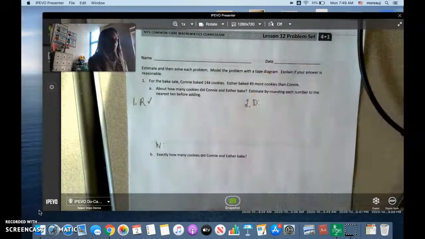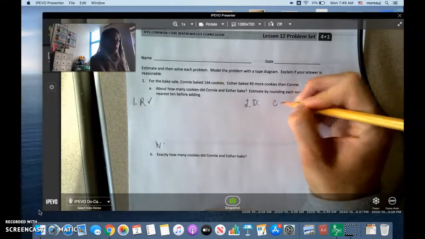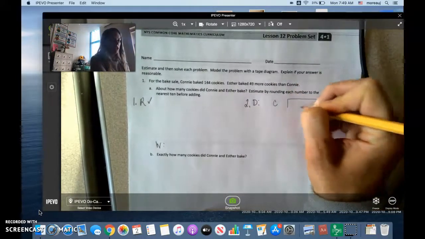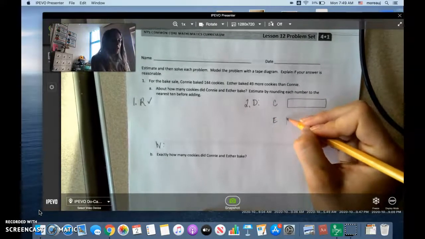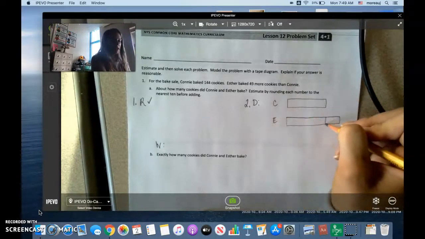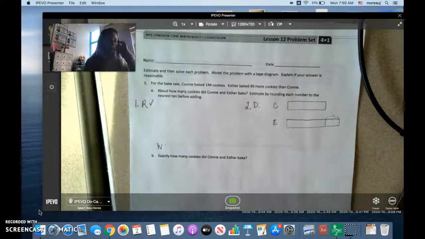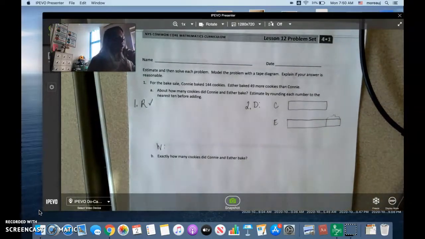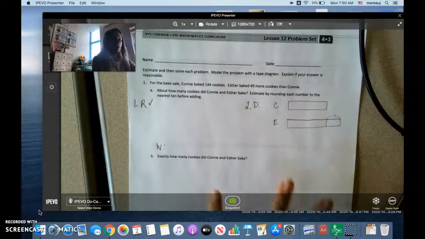2, draw, and I think that for this problem I'm going to need a tape diagram for Connie and a tape diagram for Esther. And I know Esther has 49 more cookies than Connie, and so I'm going to show that right here. It's going to be 49 more. Okay. I know that I'm going to round each number, so I'm going to round 144.